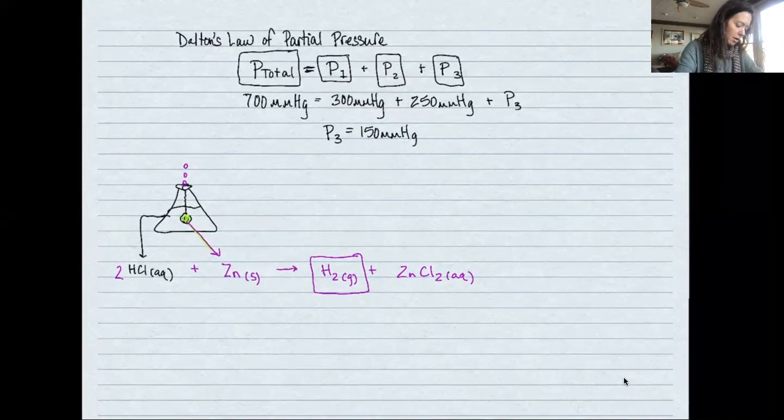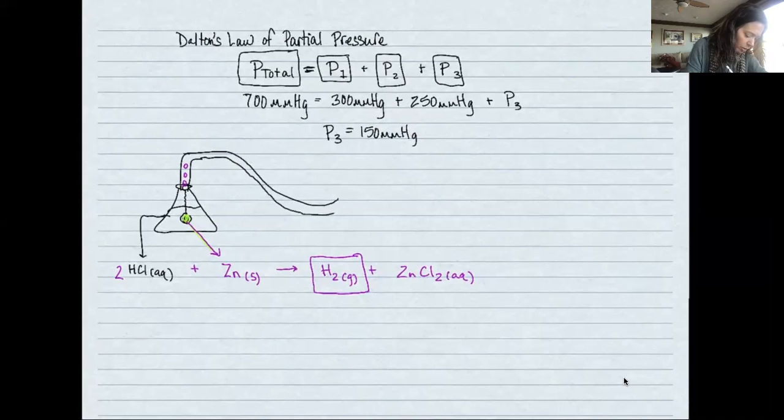So prior to allowing the zinc to come in contact with the hydrochloric acid, I set it up so that there was a rubber tube here. So this is my rubber tube. It's a gas collection tube. And I may have to erase and redraw. But my gas will be confined to this tube.